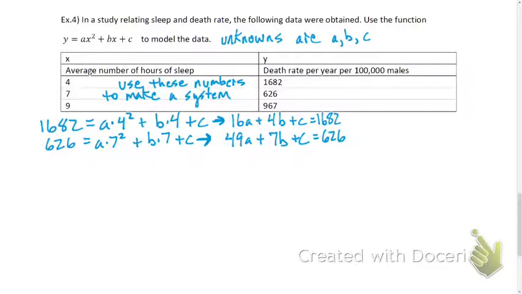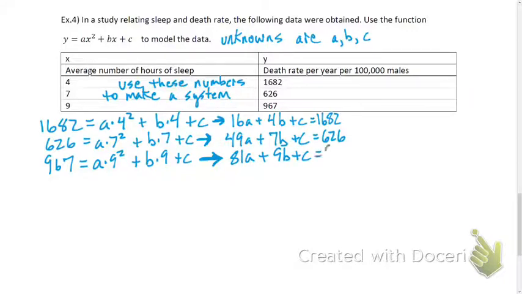Last one, 967 equals a times 9 squared plus b times 9 plus c. So we have 81a plus 9b plus c equals 967. So now we have our system, and we need to look at our 4 steps.